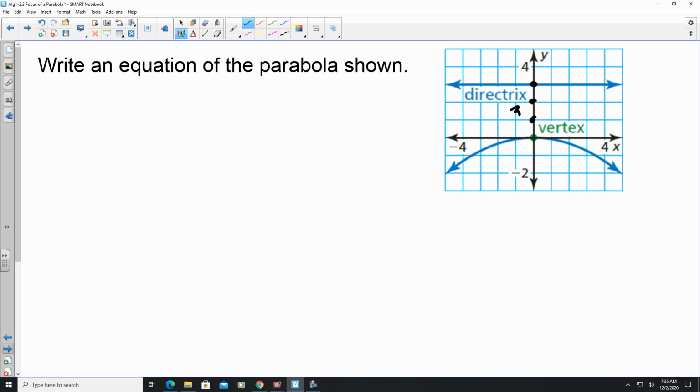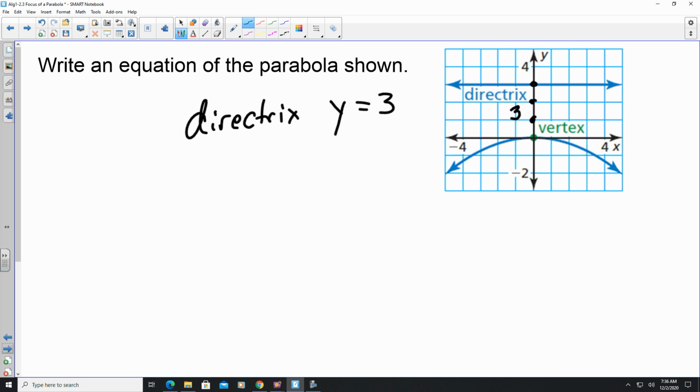So they're 3 units away. Anytime we talked about directrix, we talked about it being the opposite of p. So that means the directrix is, I'm sorry, this is going to be a horizontal line. So this is not x, it is going to be y equals 3.